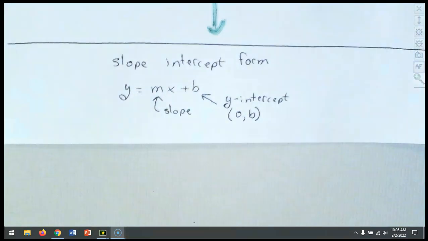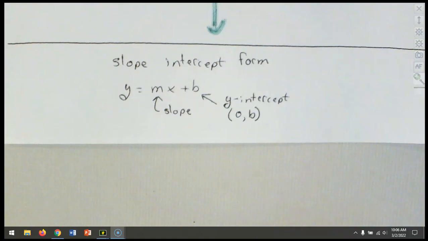So there's two ways we can write a line. We can either use slope-intercept form, or we can use what's called standard form. Standard form we'll talk about after break, that's in 2-3. So in this section, we're talking about slope-intercept. The number in front of the x is your slope.